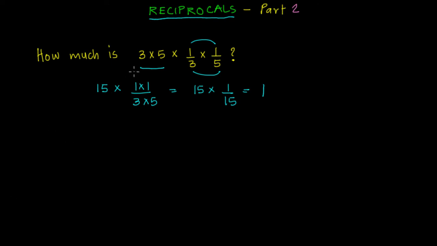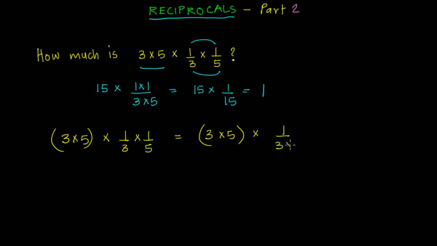So what we have is this 3 times 5, and we multiply that by 1/3 times 1/5, which is really equal to multiplying 3 times 5 times 1 over 3 times 5.